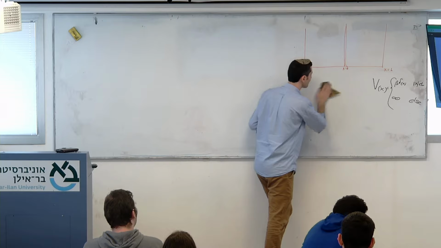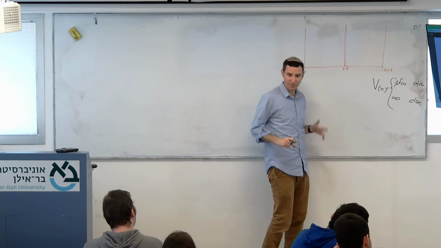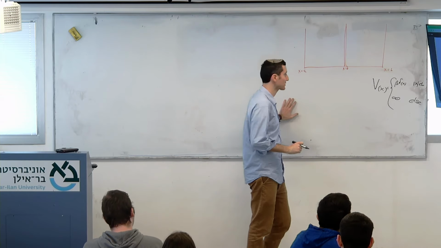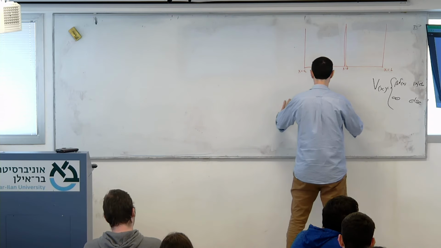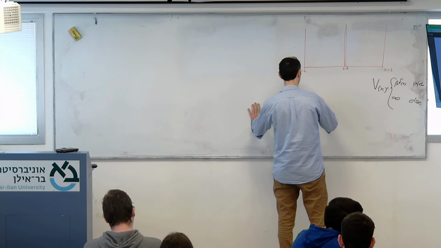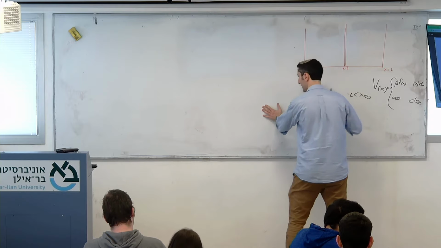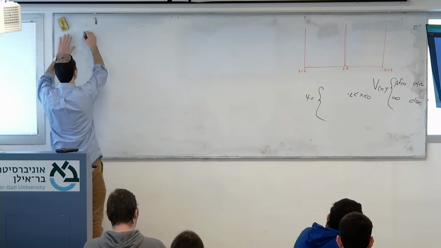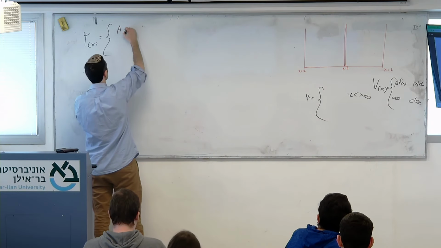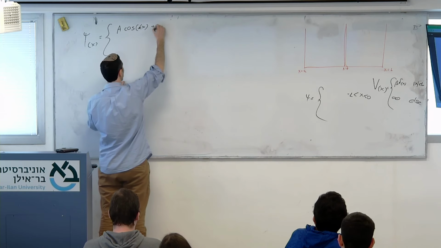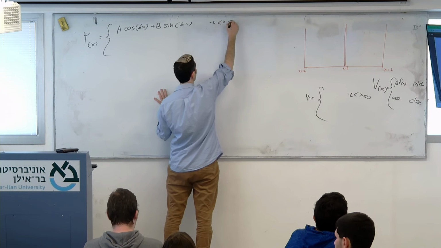So here, I'm telling you that it's more convenient, instead of writing e to the ikx, to write it as sines and cosines. So I'm going to write here, on the left-hand side, psi of x is equal to a cosine kx plus b sine kx, wherever x is between minus L and 0.